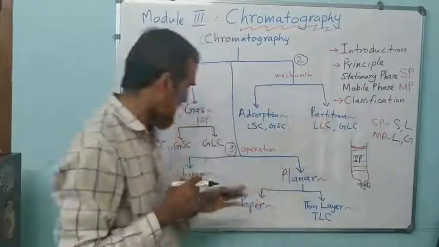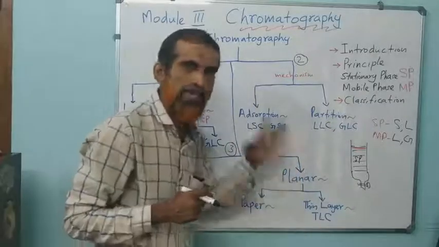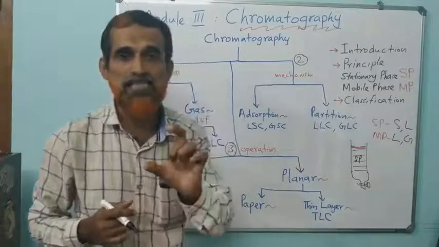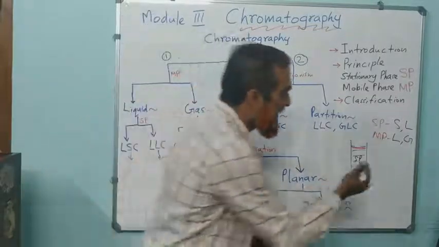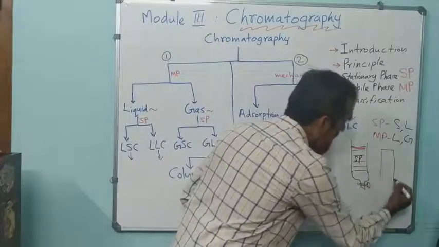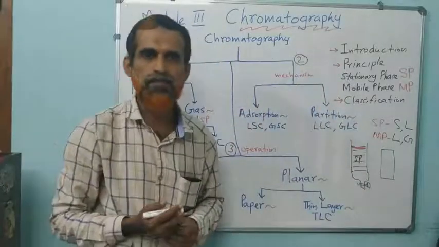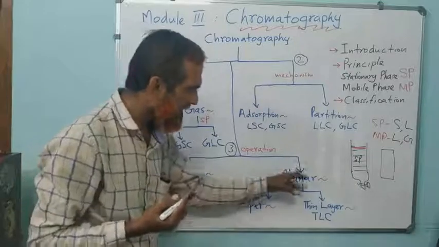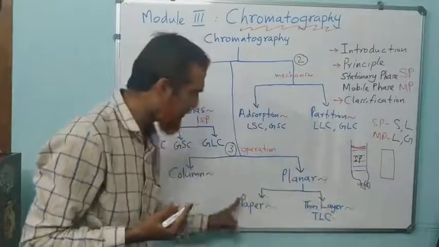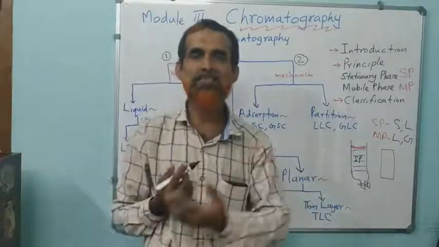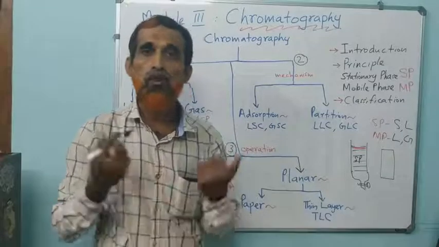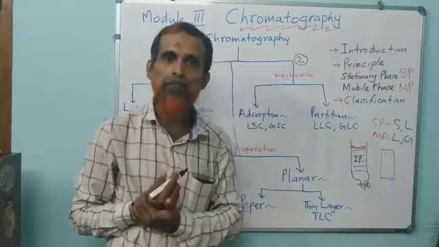Then the second one is planar chromatography, where the stationary phase is taken in a planar form, right? It can also be called two-dimensional chromatography, which is again of two types. One is paper chromatography. This is a very simple kind of chromatography which we can do on our own, or we can do in the lab.